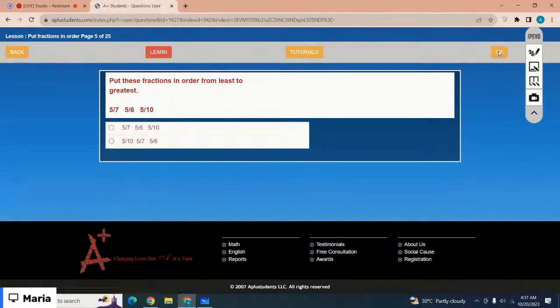Put these fractions in order from least to greatest: 5 by 7, 5 by 6, 5 by 10. Which is the correct option? You have to arrange them from least to greatest.